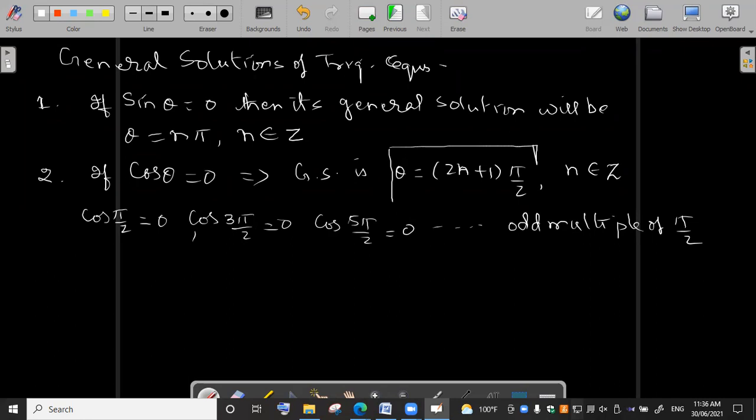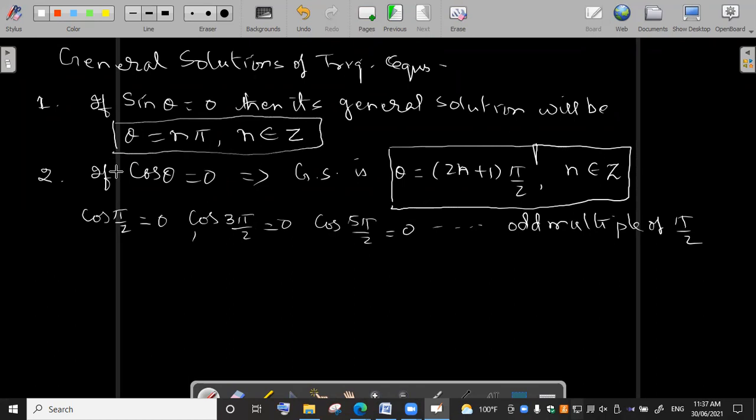Theta is equal to 2n plus 1 pi by 2 for cos theta, and for sin theta, theta is equal to n pi, n belongs to integers.